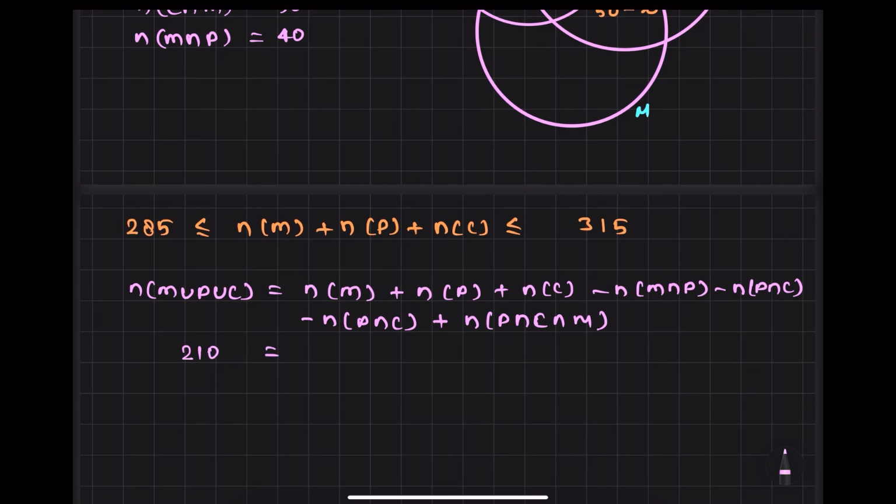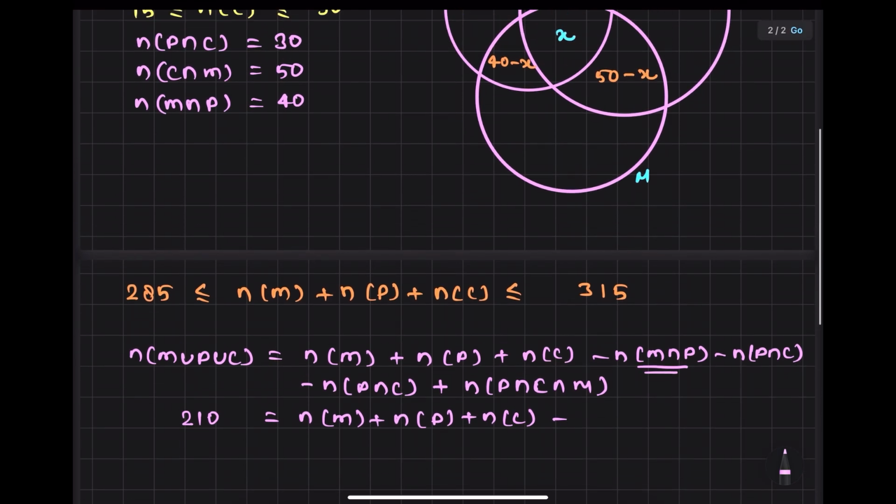N of maths plus n of physics plus n of chemistry we don't know, but we know n of maths and physics is 40, n of physics and chemistry is 30, n of maths and chemistry is 50, plus x.